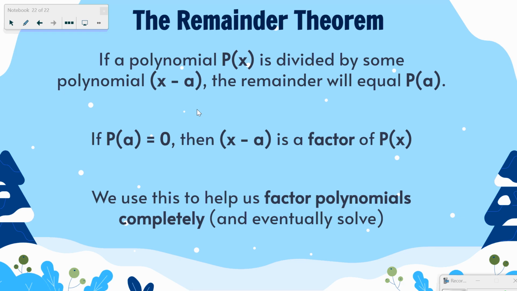How do I know if it is a factor? What will the remainder equal? Think about what your remainder would equal if it is a factor. We talked about that before. 0, because it does divide perfectly. That is going to help us factor completely or keep factoring polynomials, because we'll get to the point where we try to factor from the beginning but aren't able to. But this will help us keep factoring and eventually solve those polynomials as well, which we'll get into next week.